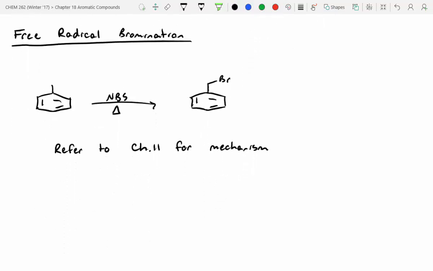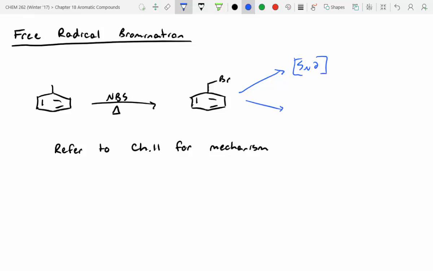And then lastly, we said we can brominate the benzylic position by using NBS and heat. And if you don't remember this mechanism, please go back to chapter 11. The cool thing with this is that now we've got access to SN2 reactions, right? And we can do a bunch of SN2 chemistry using benzyl bromide.